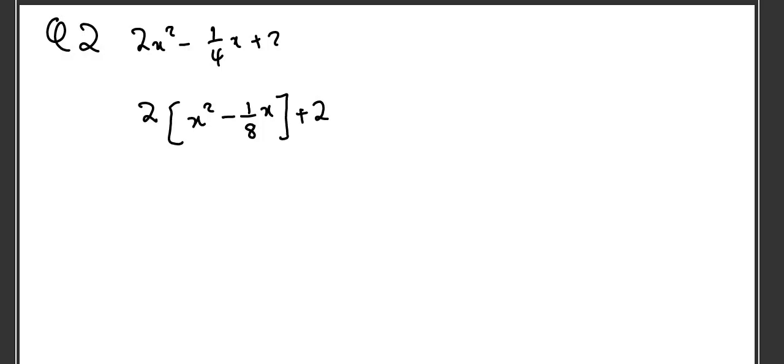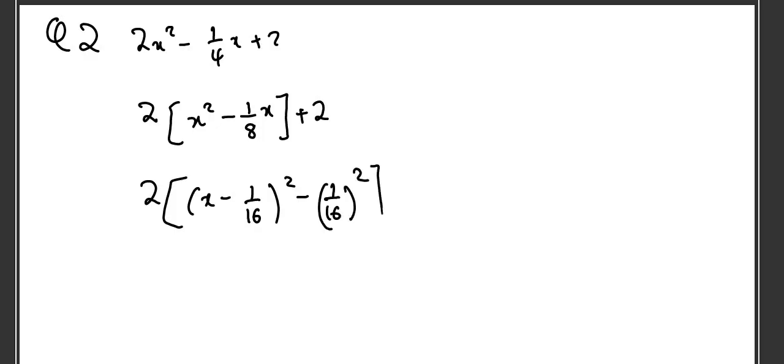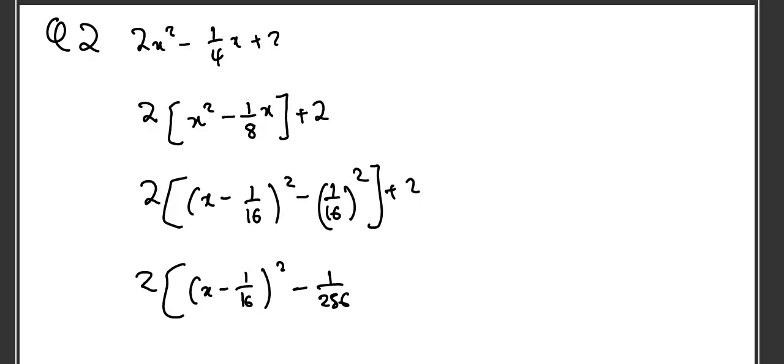If you don't factorize the 2 everywhere, meaning the 2 will just be hanging around there, this is going to be x minus half of this, which is 1 over 16, squared, minus 1 over 16 squared, and this is a plus 2. This will just be 2 x minus 1 over 16, 1 over 256, or rather, to make life easy, I'll just say 16 by 16, right?